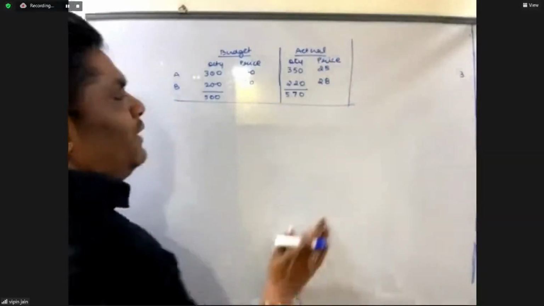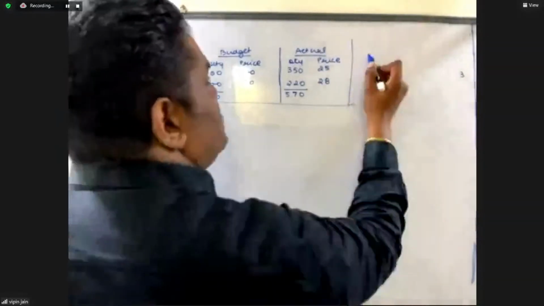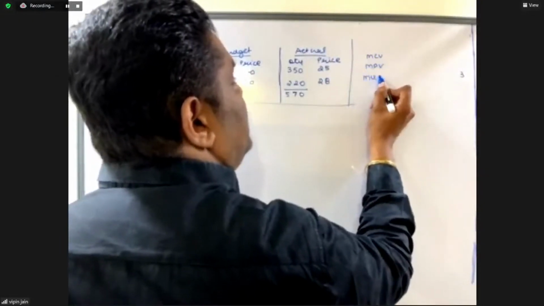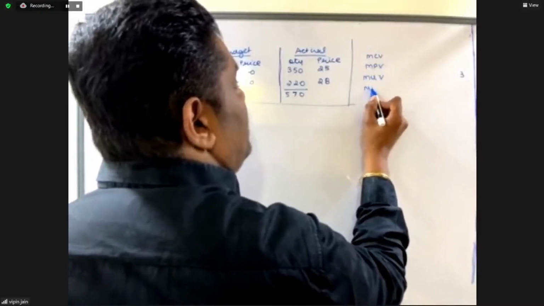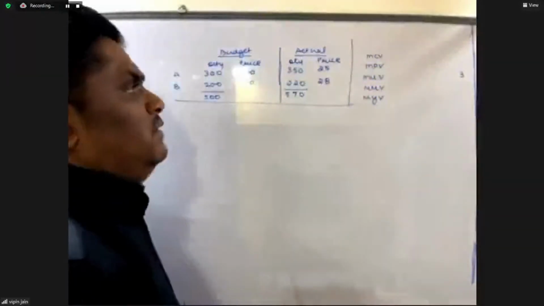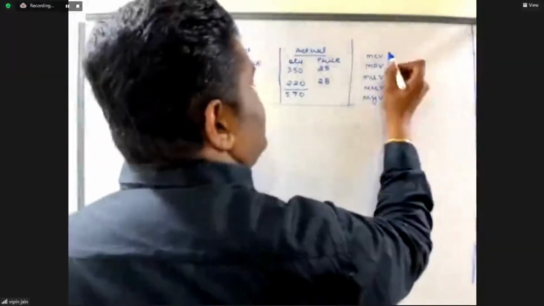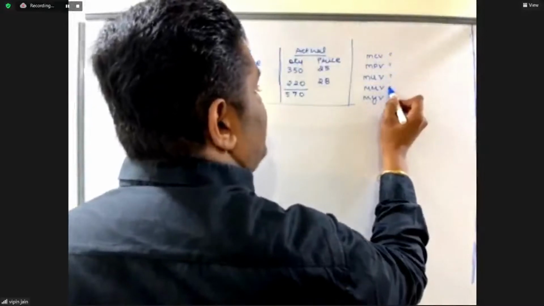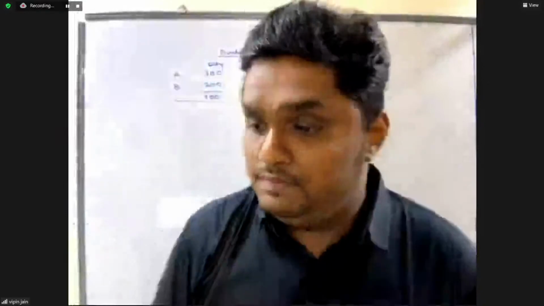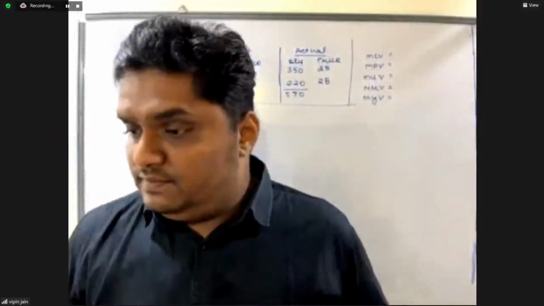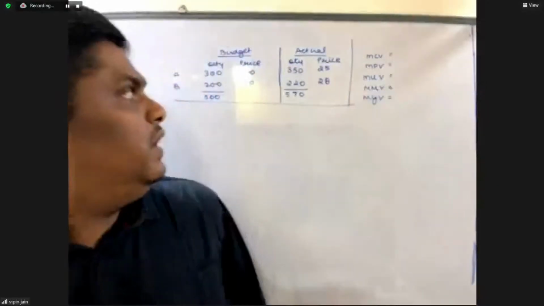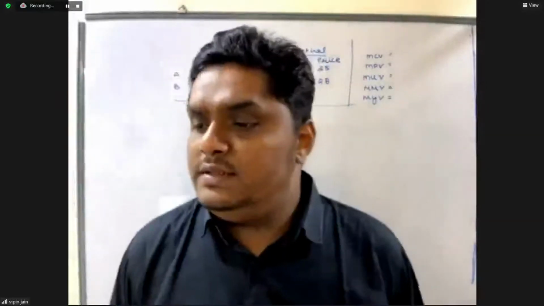So you are required to calculate material cost variance, material price variance, material usage variance, material mix variance, and material yield variance. So guys, waiting for your answers. I request you guys to please post your answers.